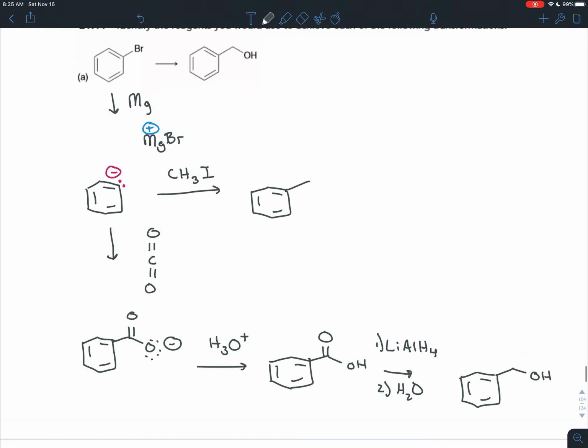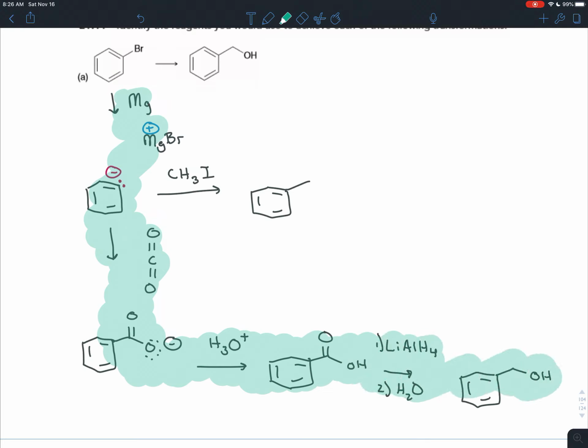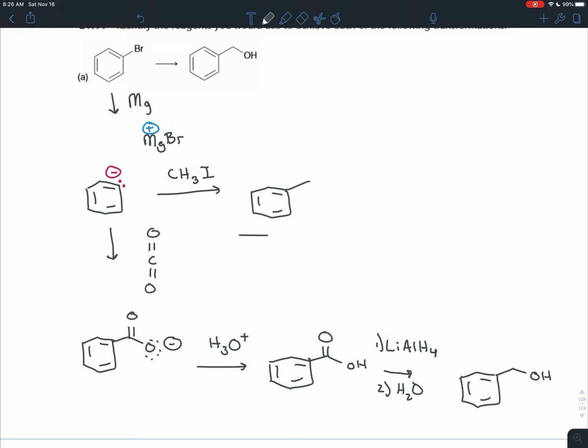So that would turn that into the alcohol that we want. So that's one possible route. You could make a Grignard reagent, react it with carbon dioxide, treat that with just a proton, and then reduce it to an alcohol.